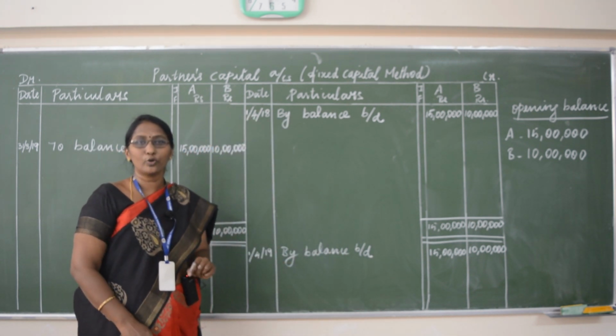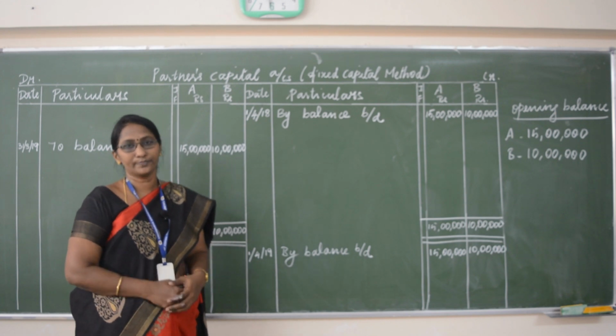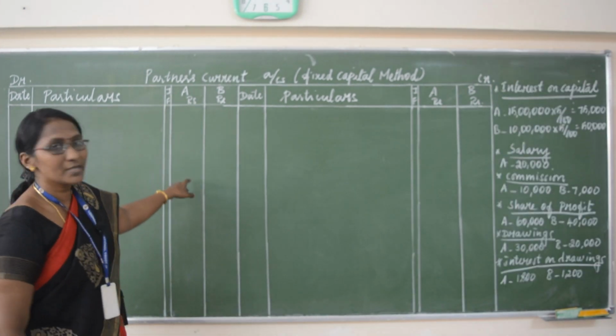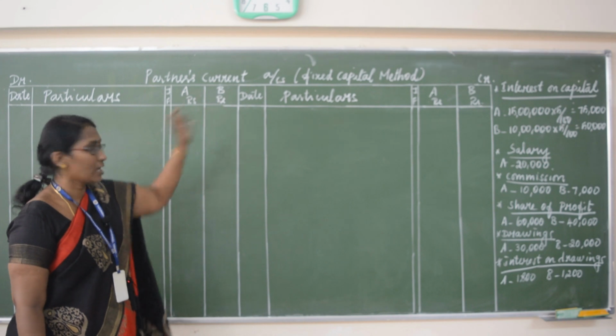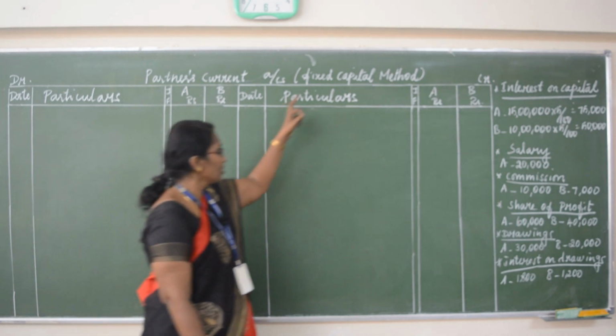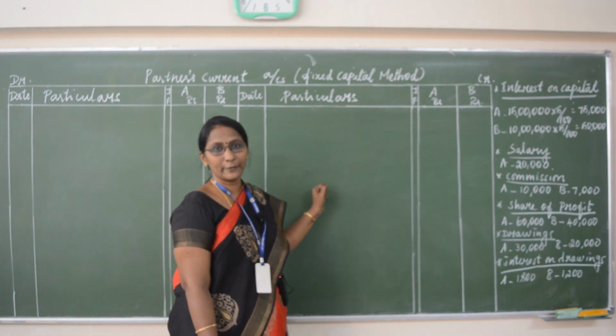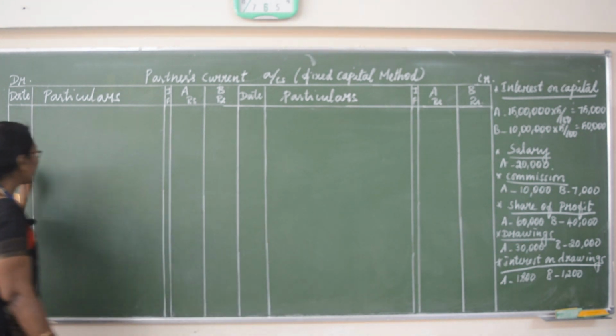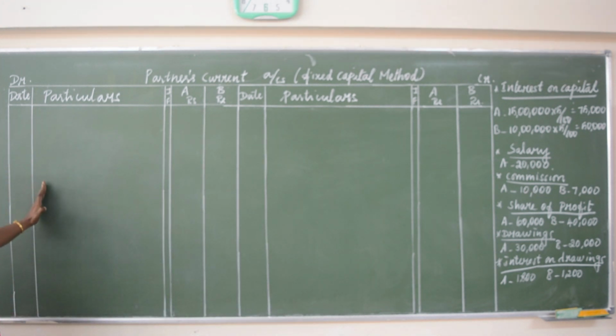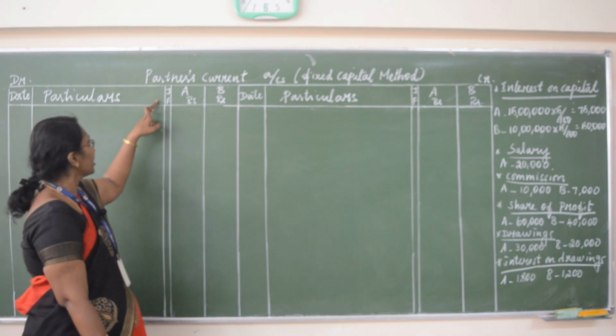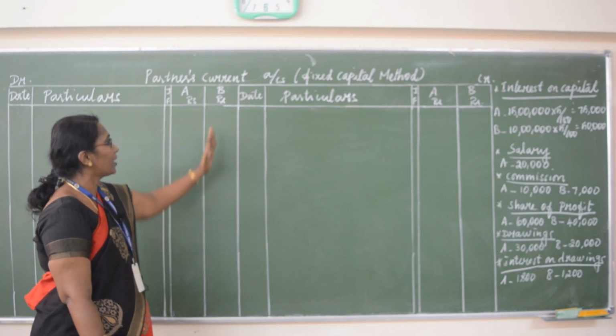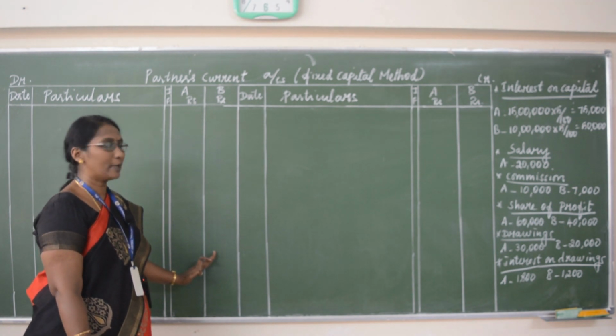Next we are going to do partner's current account. So this is about partner's current accounts. Under which method? Fixed capital method. The ledger I have drawn in the same format: debit, under debit date, particulars, JF, for partner A and for partner B. Till here it is debit.